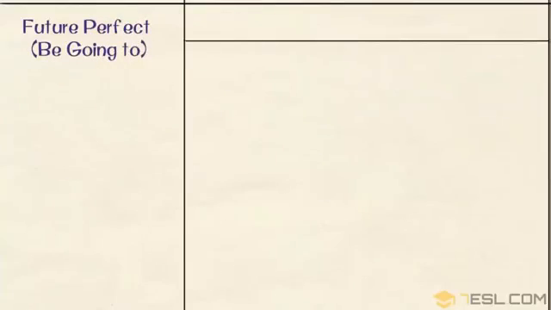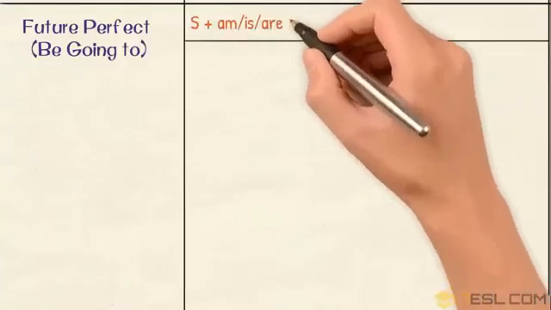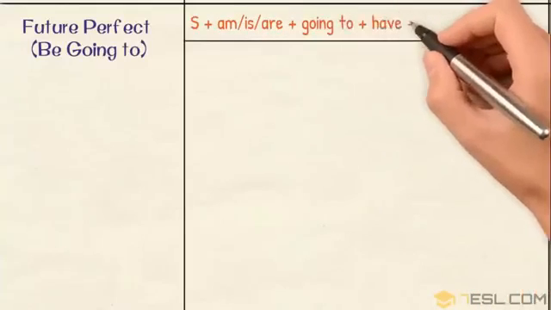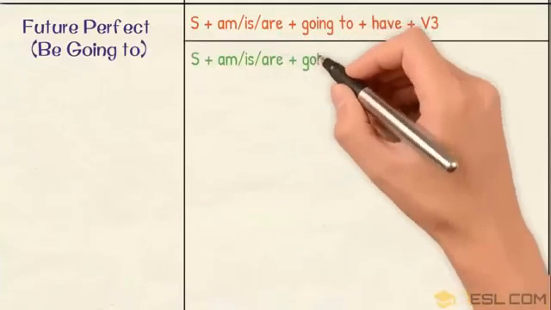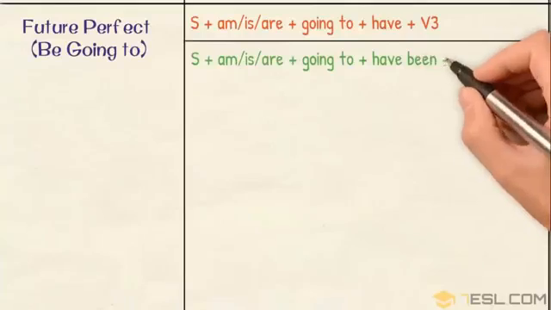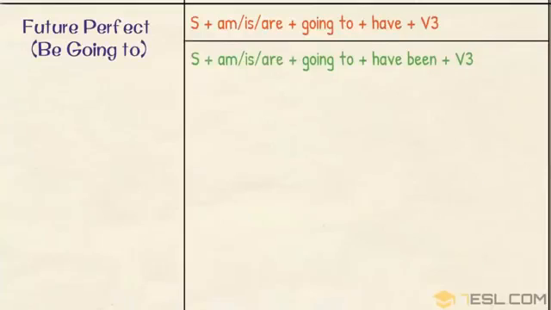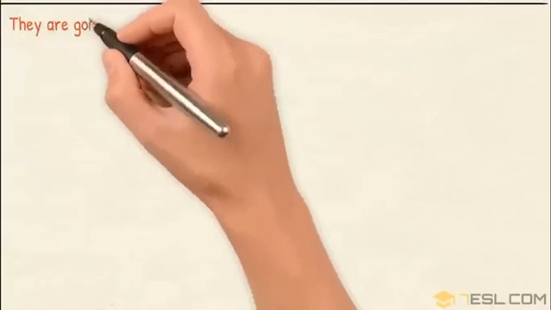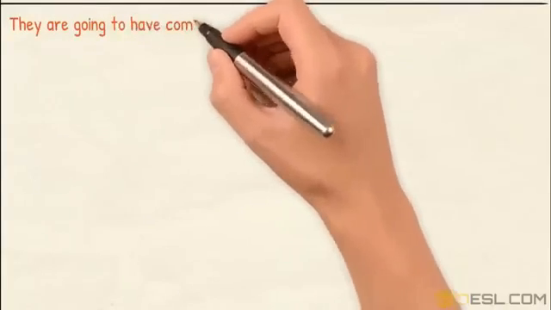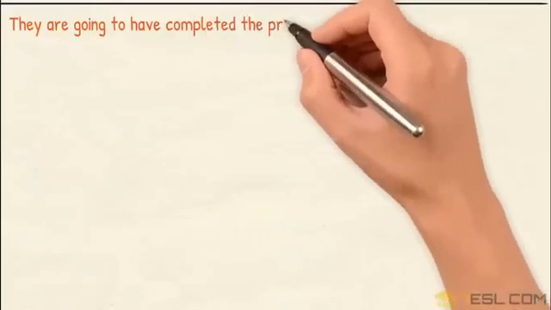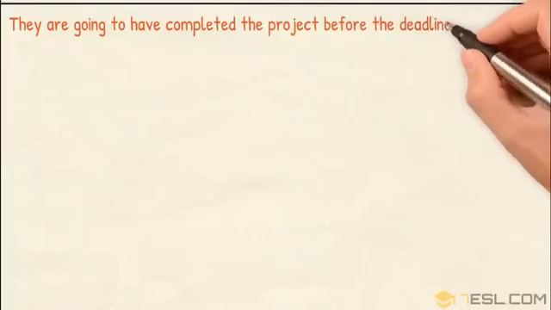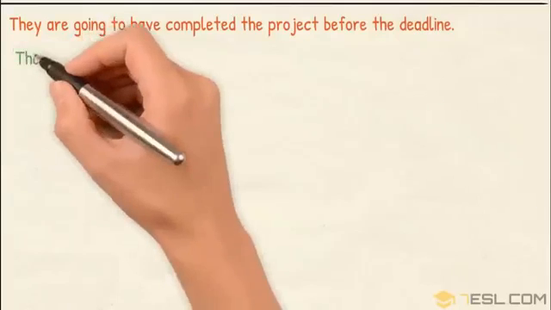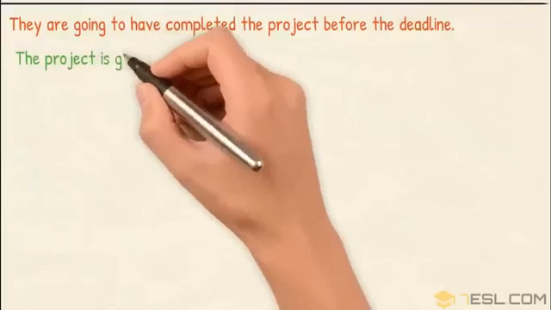Future perfect, be going to, that is subject plus am, is, are plus going to have and verb third form. The example is, they are going to have completed the project before the deadline.